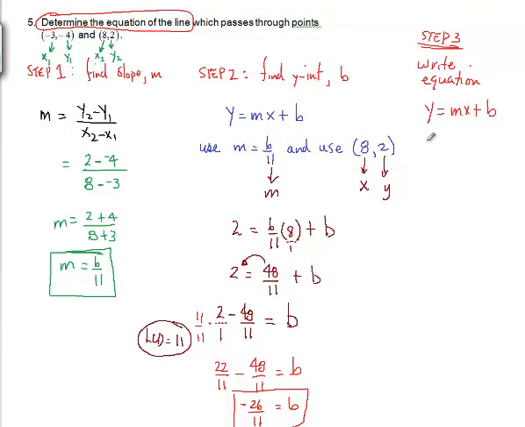We substitute in m, which is 6 over 11, times x, and put in your y-intercept, negative 26 over 11. So there's the equation of that line that passes through those 2 points. Our final answer is right here. y equals 6 over 11 x minus 26 over 11.